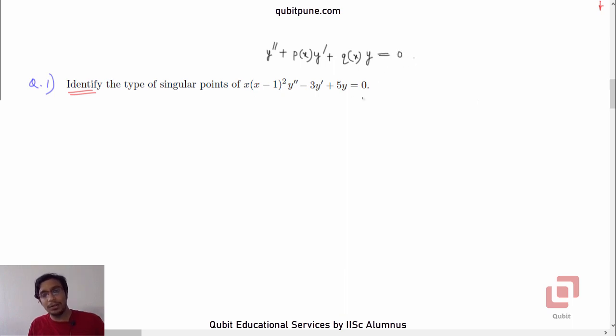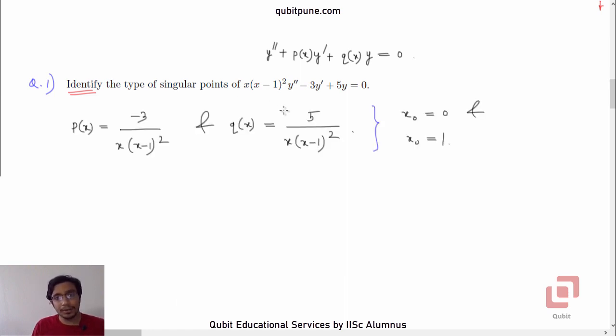Now to do this, we are required to divide the entire differential equation by the coefficient of y double prime, that is x into x minus 1 the whole square. So on doing that, our p of x will become negative 3 upon x into x minus 1 squared, and our q of x will become 5 upon x into x minus 1 squared.